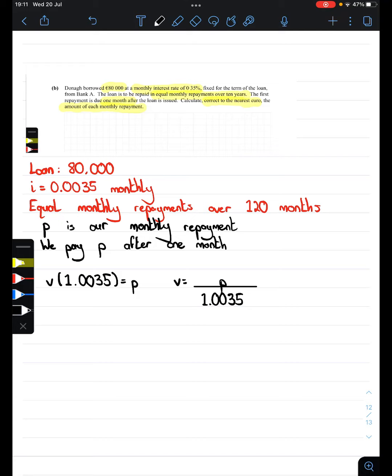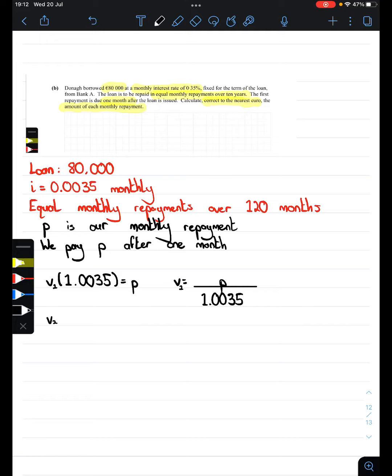Let's call this V1, just because it's the first month. This should take V1 off of the 80,000 that we owe them. So what would it be after the second month?